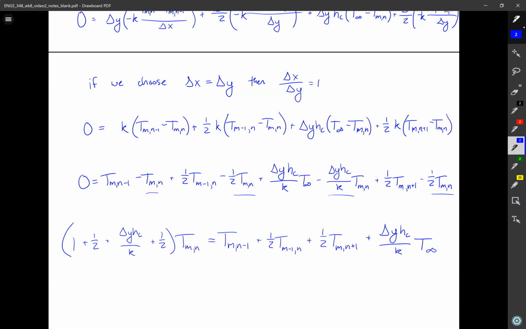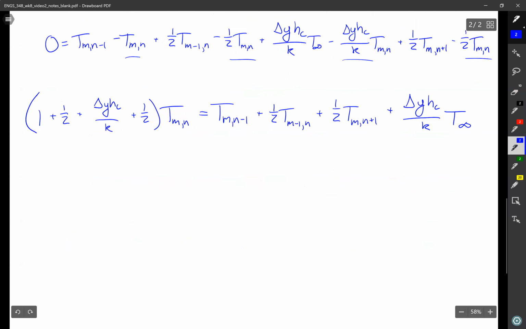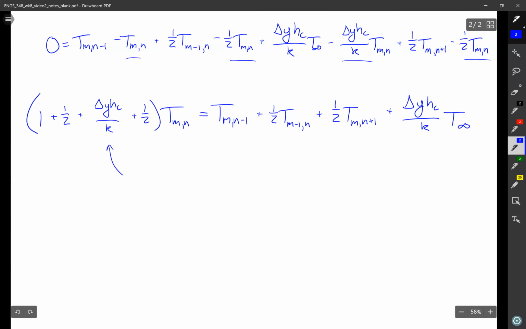Okay, so we see kind of a cool thing actually happen. So this term, delta y h over k, is the Biot number, right? So Bi equals hL over k.